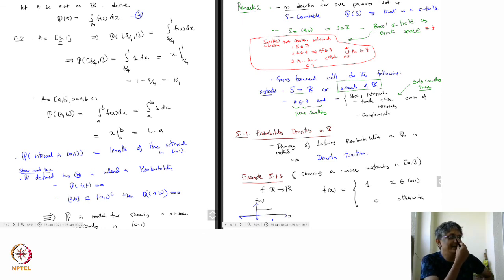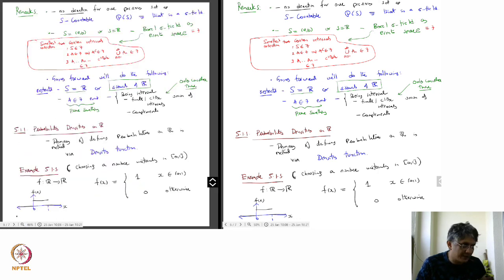I didn't define what a density function was. I just said, let's take this function f, which is 1 on the interval 0, 1 and 0 outside it, and I defined the probability of A to be the integral over A of f of x dx. So far, it looks good. Of course, this may not be the correct answer, but I will show you that it is as we go along with this class. And this will indeed be the correct probability of choosing a number uniformly.